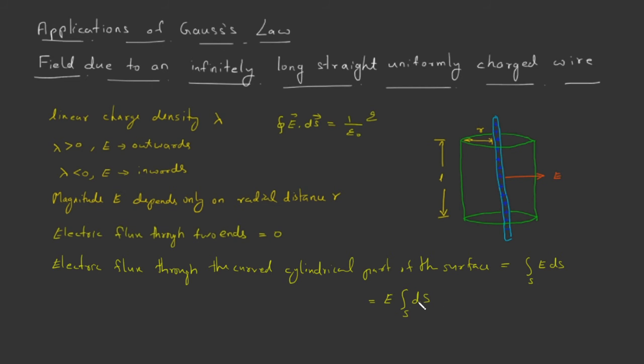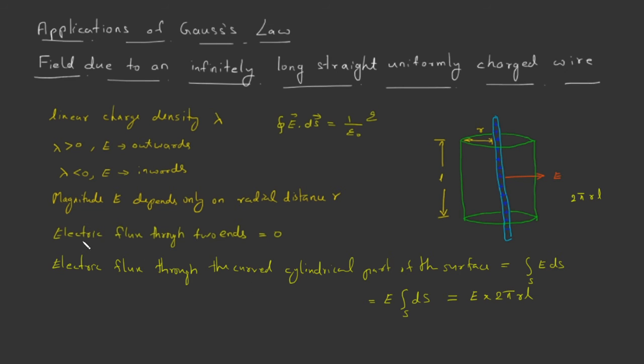We know surface integral ds, that is the surface area of the curved cylindrical part of the surface, is 2 pi RL if R is the radius of the cylinder and L is the length. Then this electric flux is equal to E into 2 pi RL.